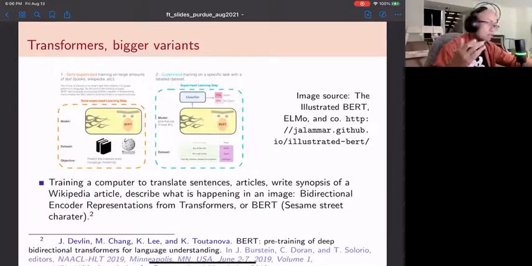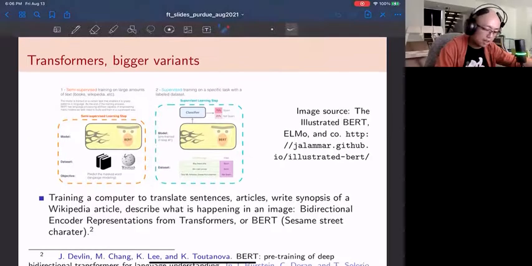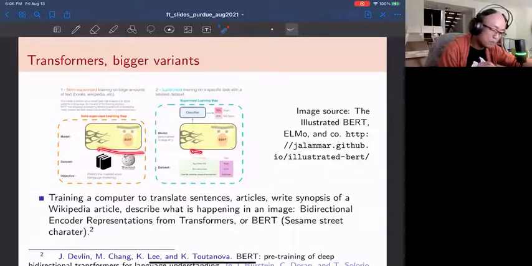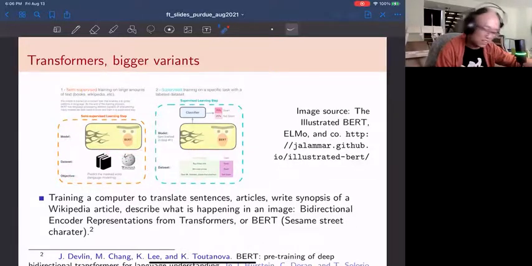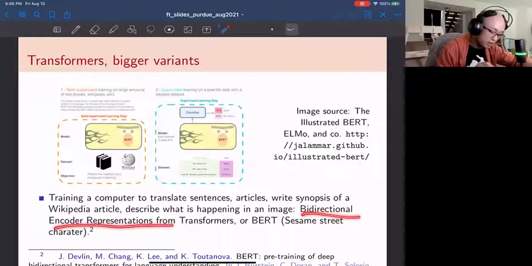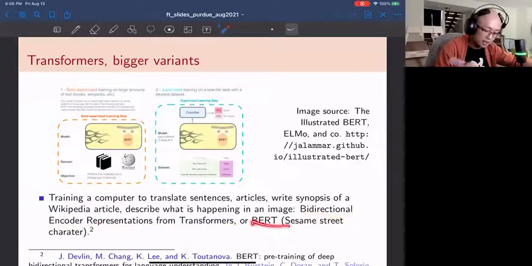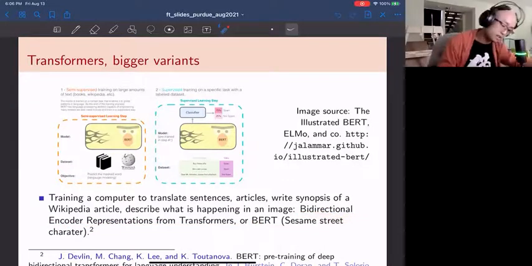In the title of this talk, we have these two Sesame Street characters. One is Bert, the other is Ernie. These computer science people are really good at naming things. BERT is Bidirectional Encoder Representations from Transformers, and it's also a Sesame Street character.